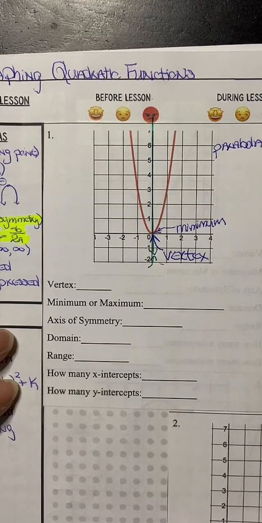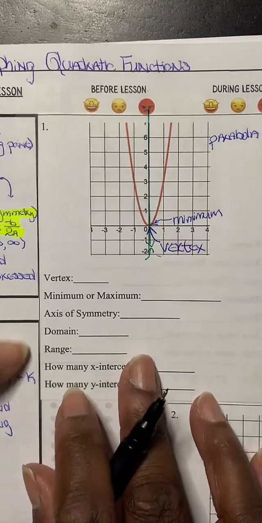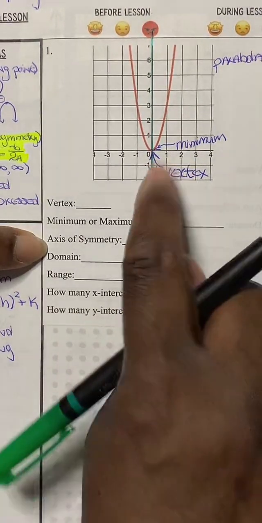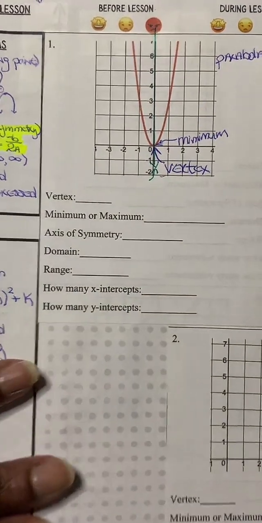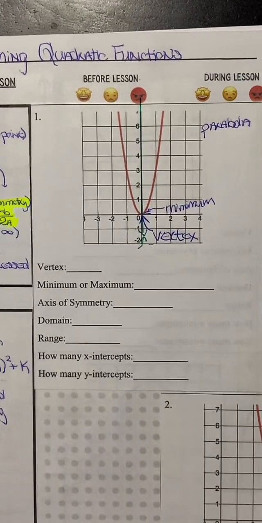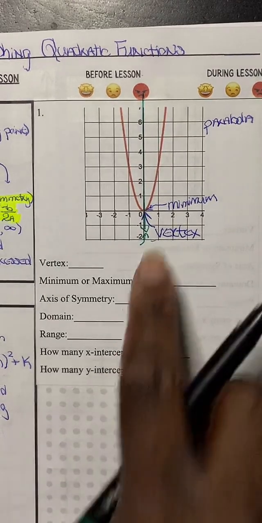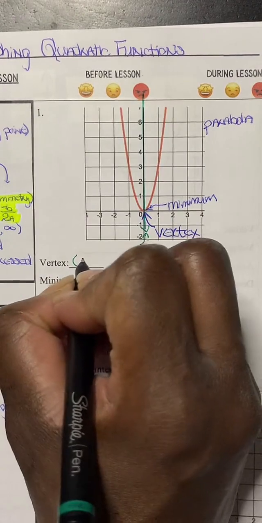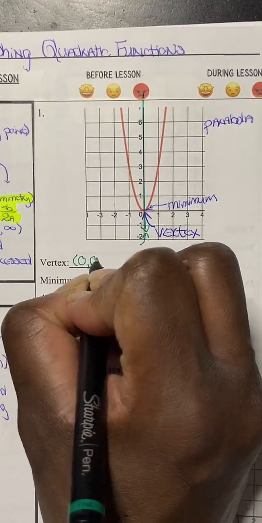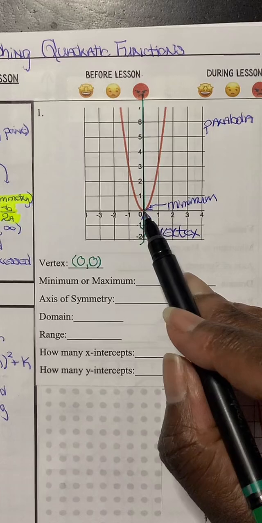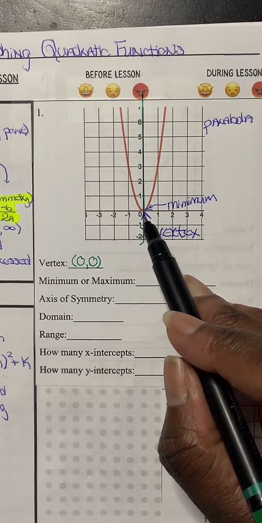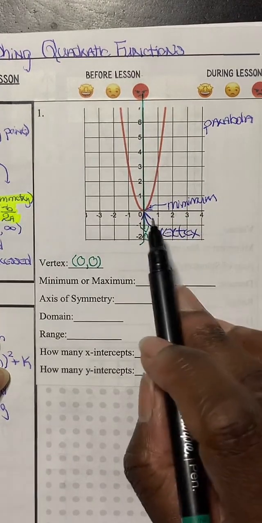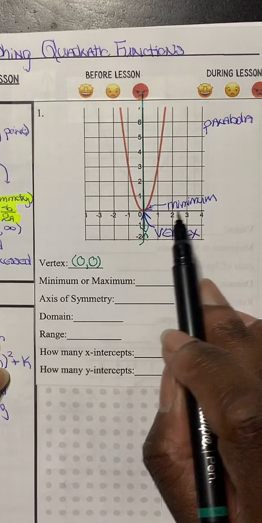All right. So let me answer the first 3 questions off of this. Okay. So my vertex, as a couple of you guys already put up, that's that turning point. Our vertex is an ordered pair. That's 0, 0, because it's right at the origin. Now, since it's opening up like a cup, this is going to be a minimum.